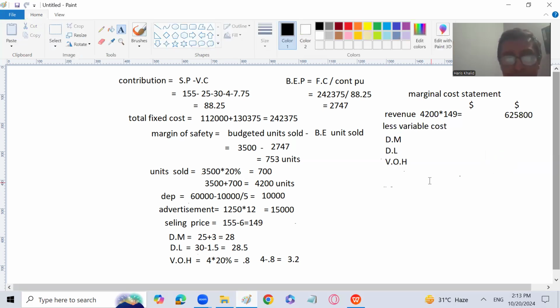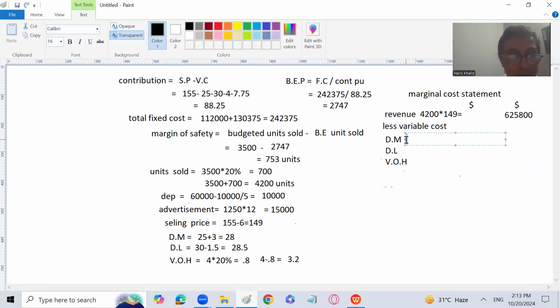Let's talk about the direct material. Units sold are 4,200, and direct material per unit is now not 25, it is 28. So 4,200 into 28, I will get the amount of total direct material, that is 117,600.